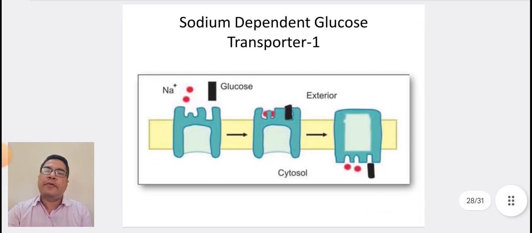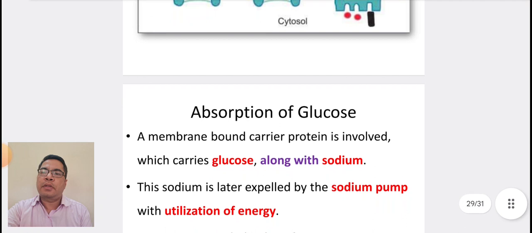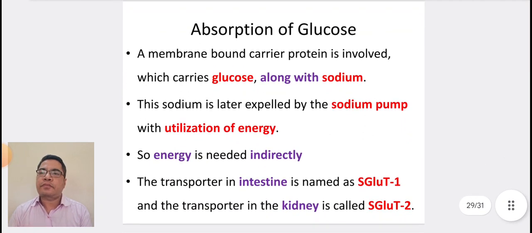In this diagram, we can see sodium-dependent glucose transporter 1, where sodium as well as glucose are pushed across the cytosolic membrane. Coming to absorption of glucose, a membrane-bound carrier protein is involved which carries glucose along with sodium. This sodium is later expelled by the sodium pump with the utilization of energy.